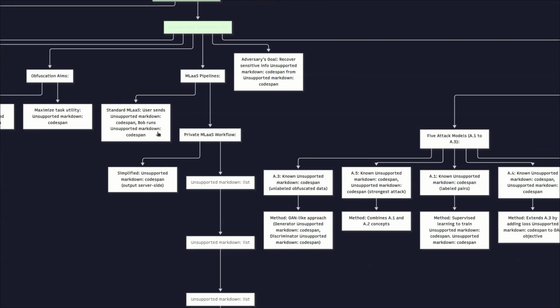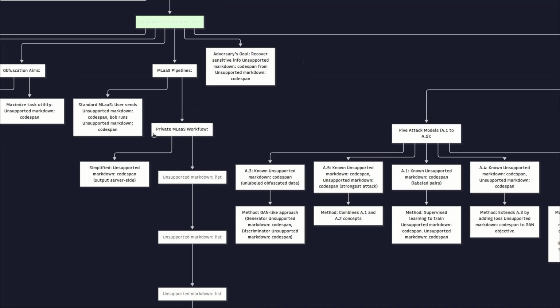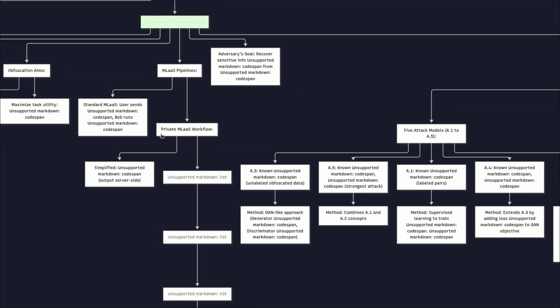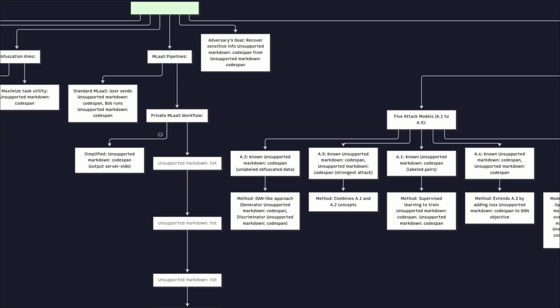Mathematical formulation. The split inference process involves three functions. First, obfuscation, where it transforms the input x, for example an image, into an obfuscated representation z = h_theta(x), where theta are the parameters of the neural network.